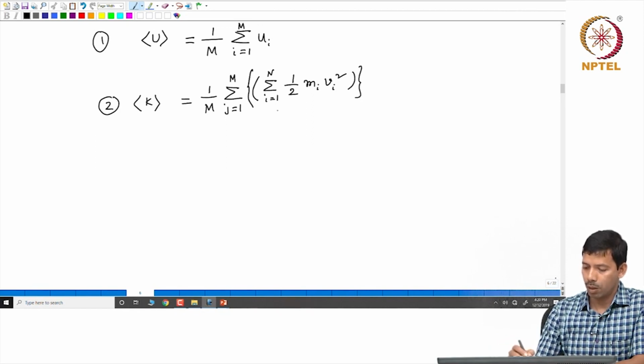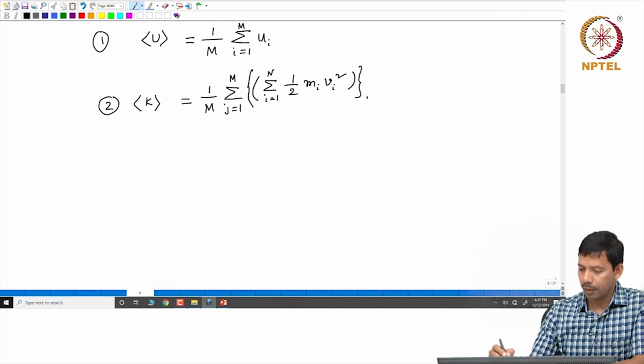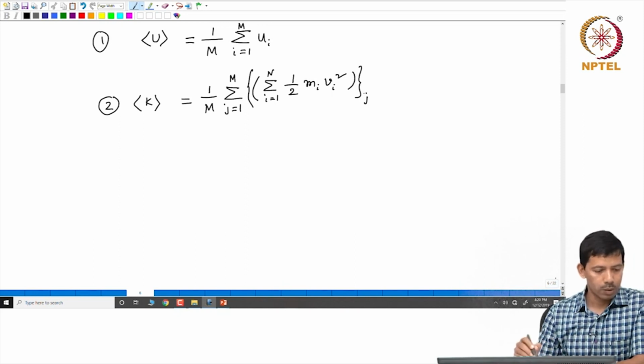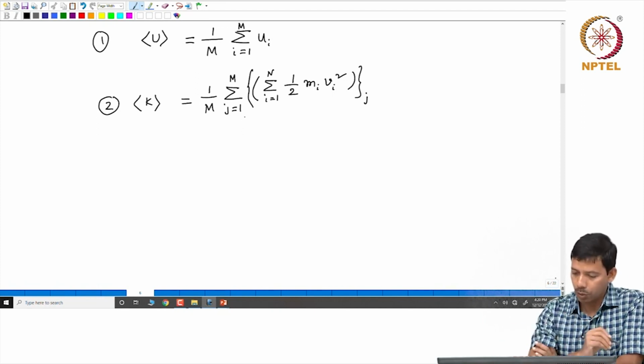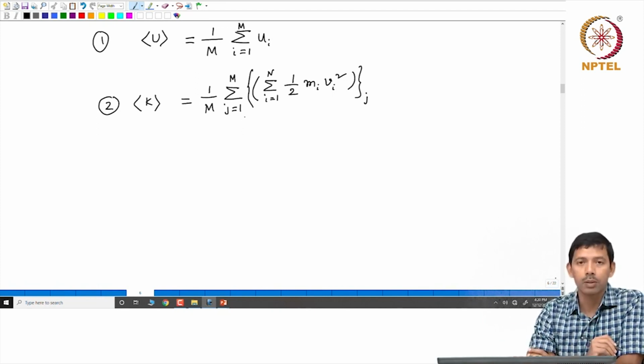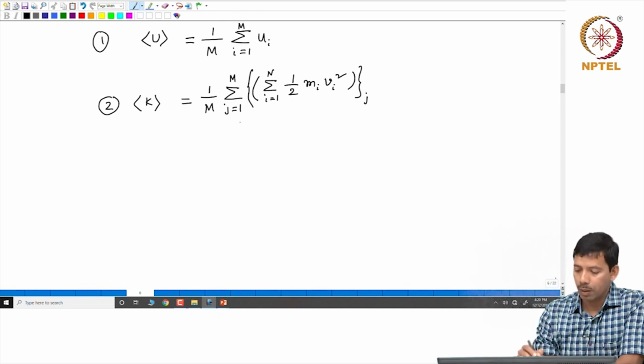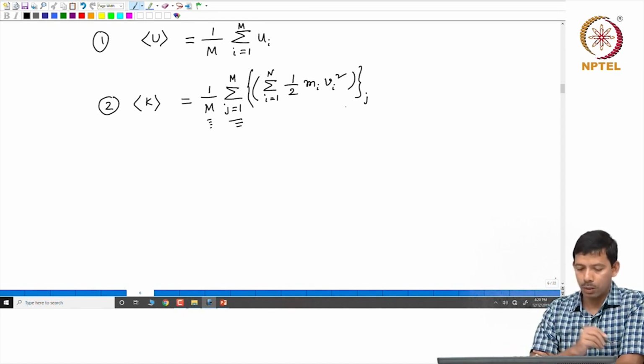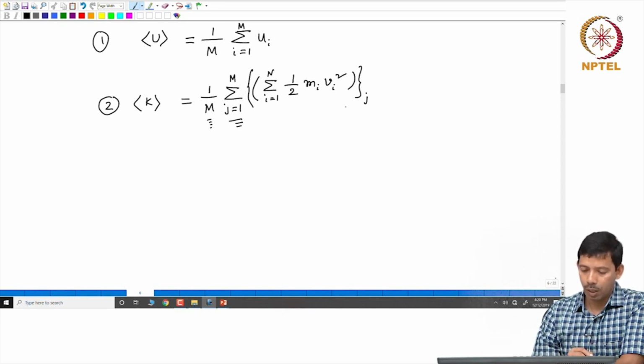That is for one microstate, and if I take the average over all microstates, I get the kinetic energy. So 1 by m, sum over j equals 1 to m, sum over i equals 1 to n, half m_i v_i square. This is the ensemble average of the kinetic energy of my system. Here I have summed over all the microstates and then divided by the number of microstates, and that is the average value. And I summed over all the n particles present in my box in each microstate. That is how you can calculate the average kinetic energy.